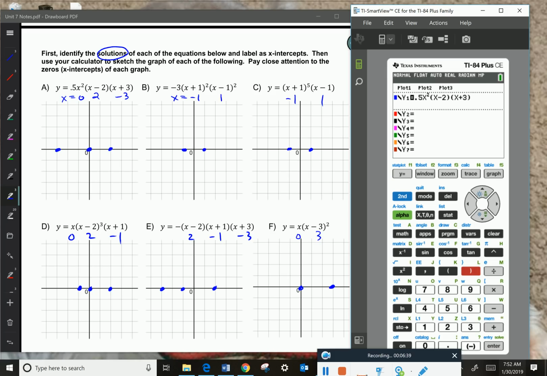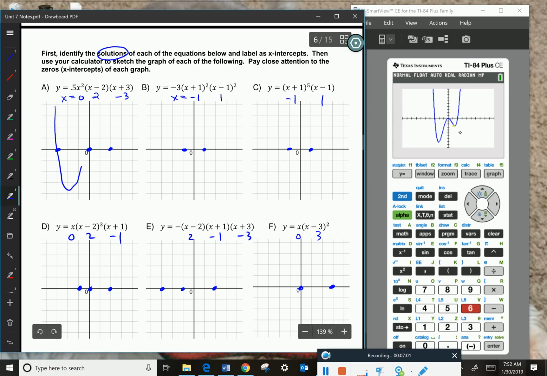Okay, I'm just going to go with a kind of standard window, and yours, let's see, this is probably more like your standard window. Okay, notice that the zeros that I have at -3, 0, and 2 are the same as this graph. And if I were to kind of draw it in, it looks like it comes down, comes up, and bounces at 0, and then back. Not perfect, but close, right?